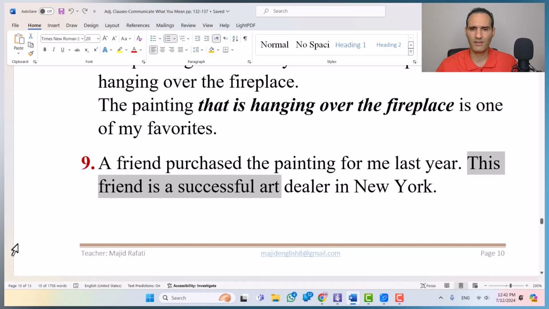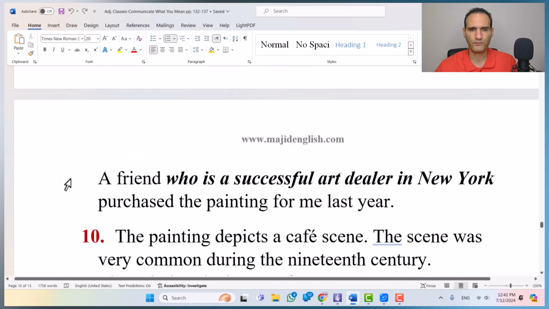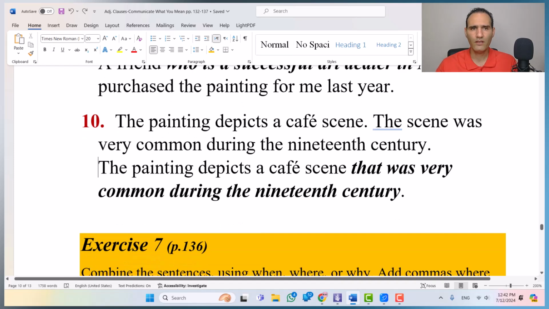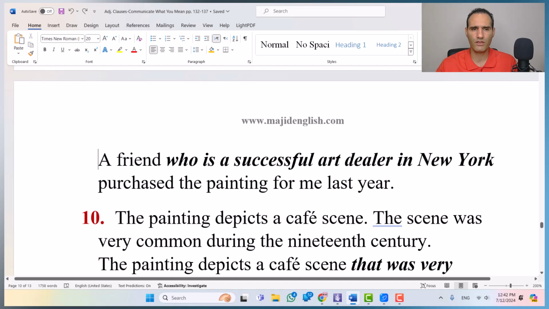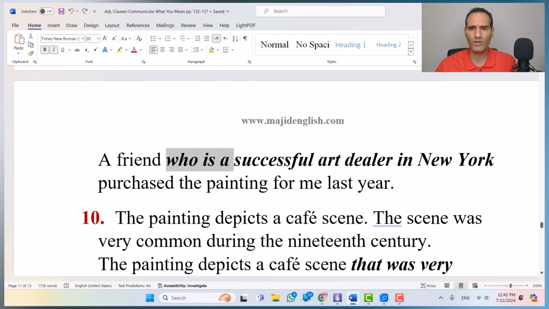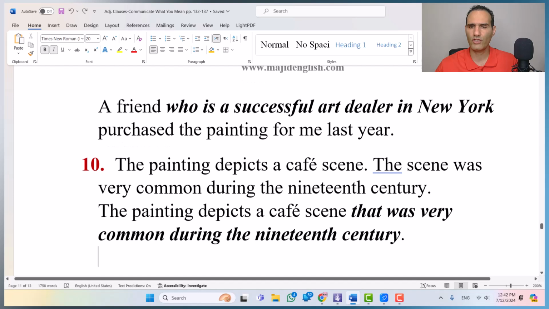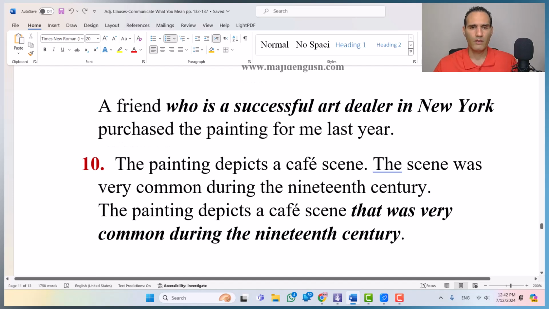This friend is a successful art dealer in New York. A friend who, unnecessary adjective clause. Why? Because I've got other friends as well. A friend who is a successful art dealer in New York purchased the painting for me last year. Unnecessary adjective clause. Sorry, necessary adjective clause.